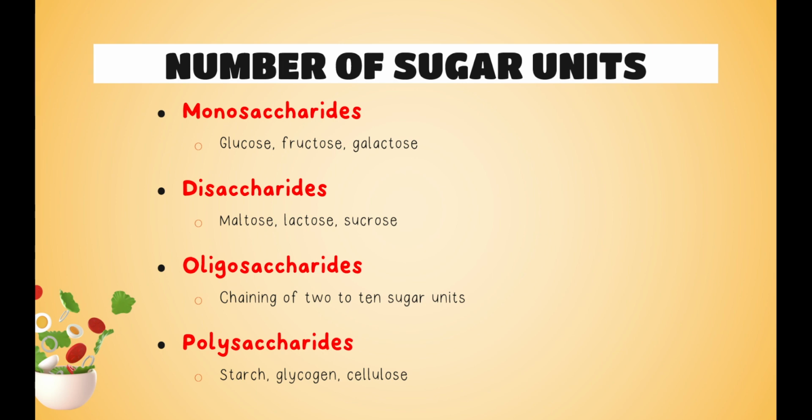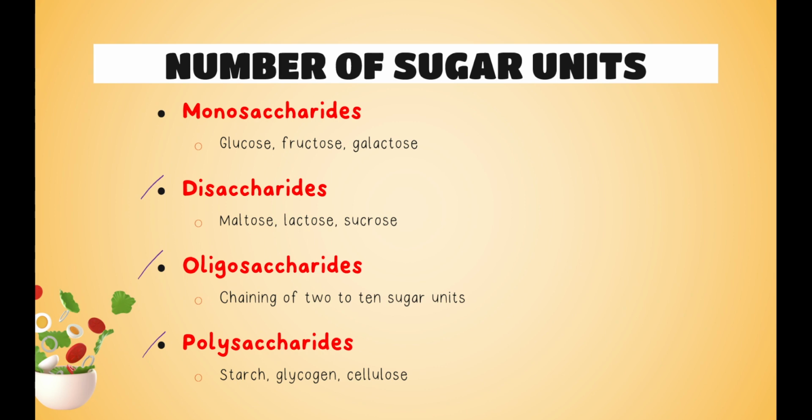Meaning to say, the rest of these, the disaccharides, oligosaccharides, and polysaccharides, are composed of these basic units. So if we say this is an oligosaccharide, it is a chain of monosaccharides forming a certain compound or substance. Examples of monosaccharides are glucose, fructose, and galactose.